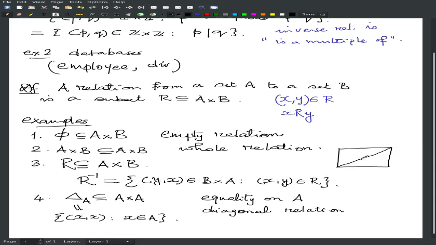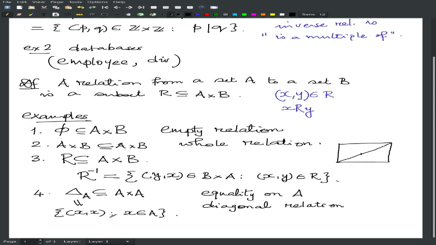And the diagonal precisely contains the points whose x and y coordinates are same. So keeping that old formalism in mind, it is called the diagonal relation. However, it is ideally to be thought of, can be seen as equality. Okay?